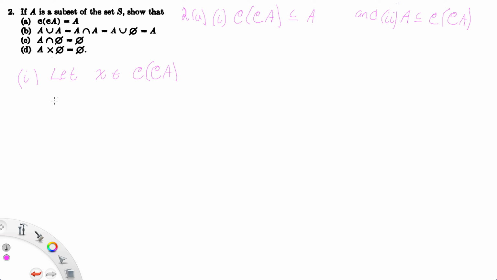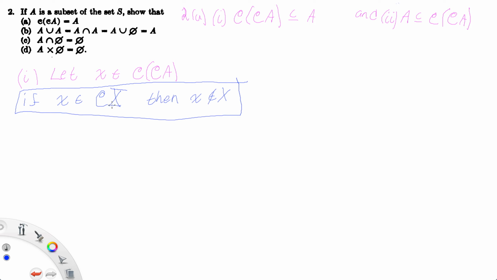And this is the first key point here. I'm going to write it in a different color, maybe blue. If x is in the complement of any set X, this is just the general case, then x is not in X. And that's just the definition of the complement.